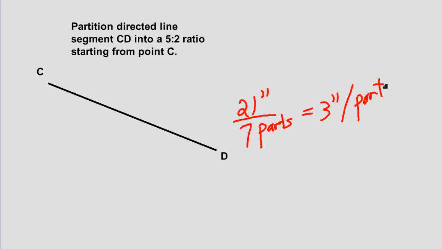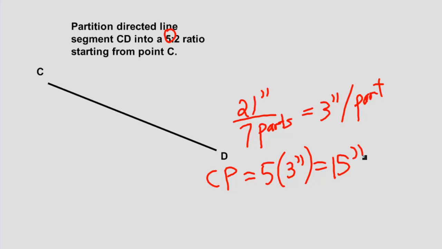So if segment CP gets 5 of those 3-inch parts, that means it's supposed to be 15 inches long. So I'm going to take a ruler, starting at point C, I'm going to measure 15 inches. And that's where I'm going to place my partitioning point P.